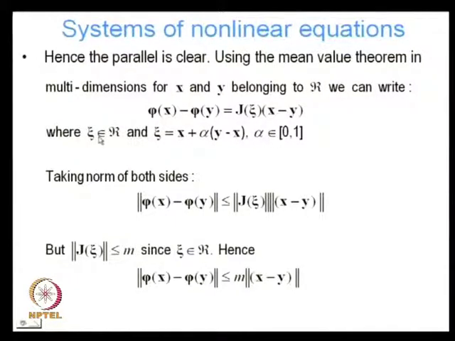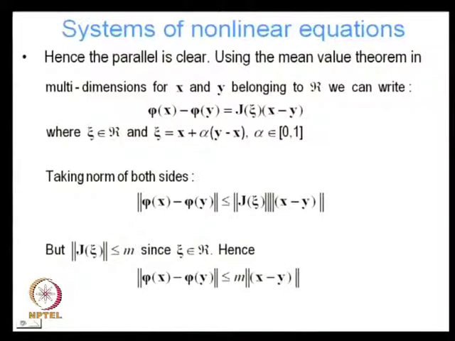What is xi? Xi must lie between x and y because of the mean value theorem. Since both x and y belong to R, and xi lies between x and y, xi also has to belong to R. How do we define xi? Xi is equal to x plus alpha times y minus x, where alpha belongs to 0, 1.